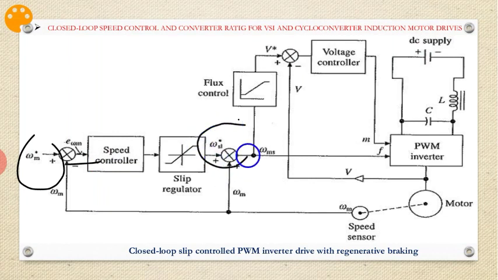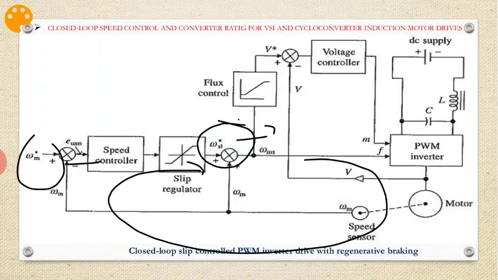The drive accelerates at the maximum permissible inverter current, producing the maximum available torque until the speed error is reduced to a small value. It goes on in closed loop, checks, and reduces the error.